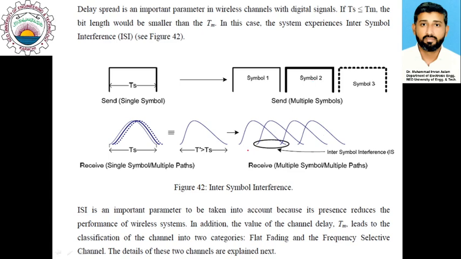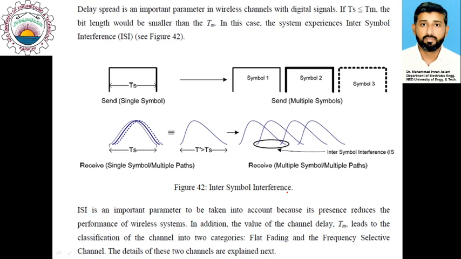So the received signal would look somewhat like this, and you would see that this large delay spread has caused interference between two symbols which are adjacent to each other. This phenomenon is named inter-symbol interference. I'm sorry, it should be written as ISI. This phenomenon would cause inter-symbol interference, or ISI, which is illustrated in this figure here.